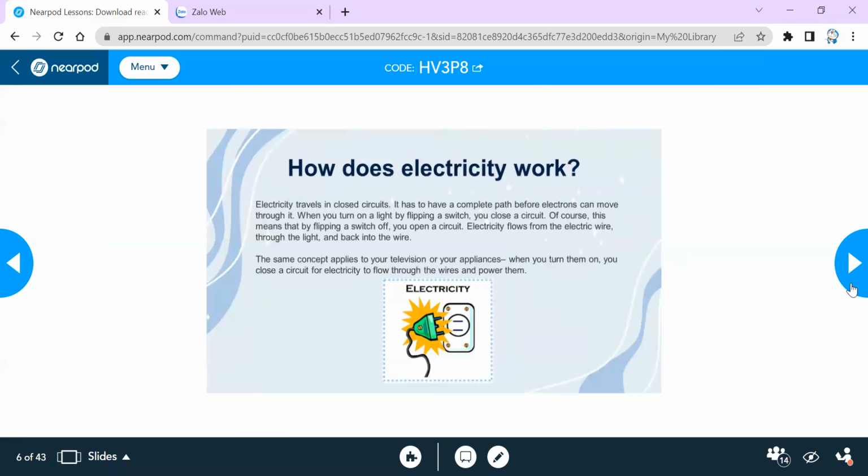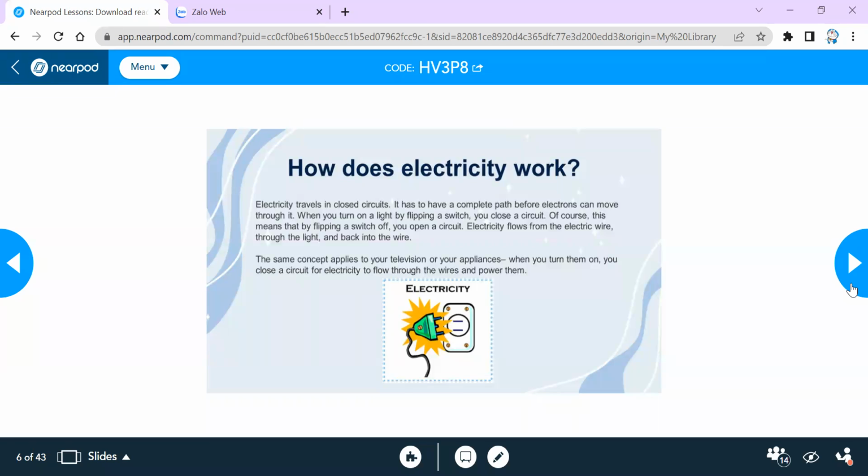We will talk about how electricity works. Electricity travels in closed circuits, and it has to be a complete path before the electrons can move through it. For example, when you turn on the light by flipping a switch, you close the circuit. When you close it, the current can flow through, and that's how your light bulb gets lit up.